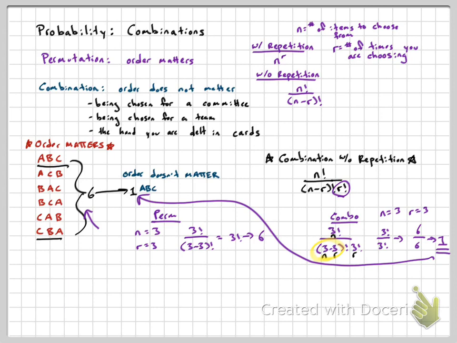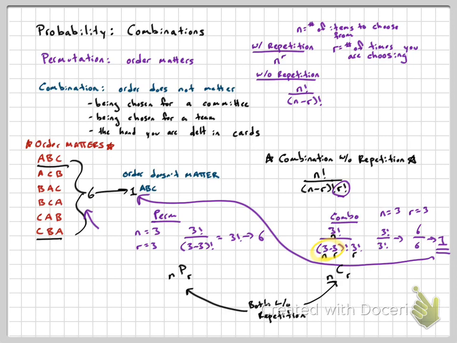Now, one way you'll see this moving forward is it's called nPr and nCr. Okay, and so those 2 ways of writing problems are referring to a permutation and a combination without repetition.